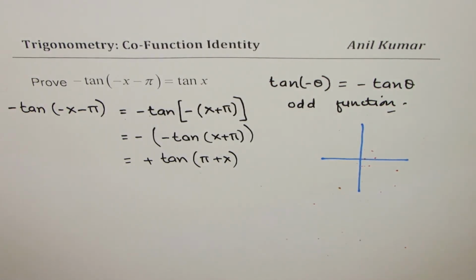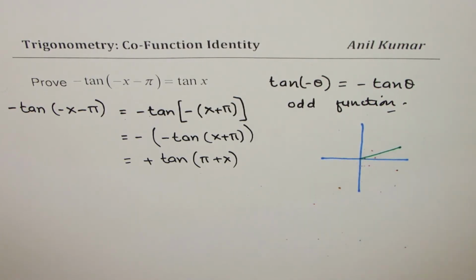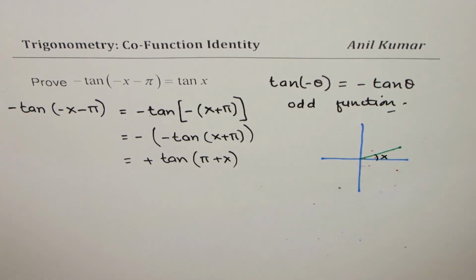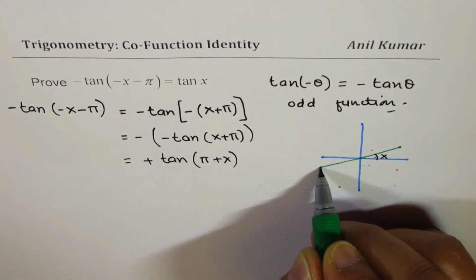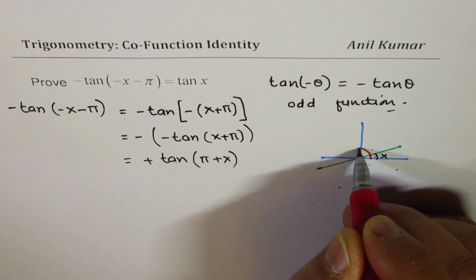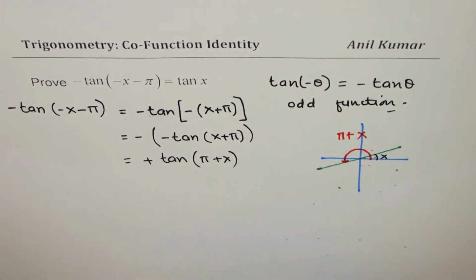So if you look at the position, if this is the position for x, in that case, π + x will be right here, right? So this is π + x. Since you are in quadrant 3, tan is positive, right?